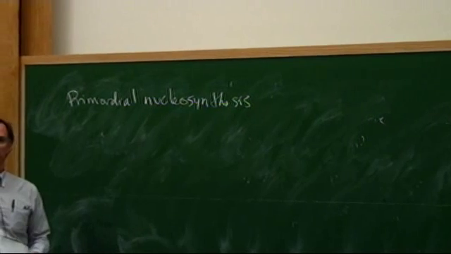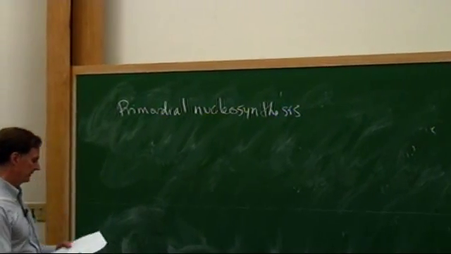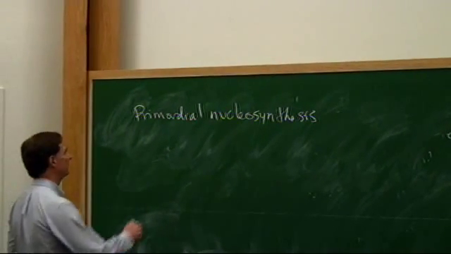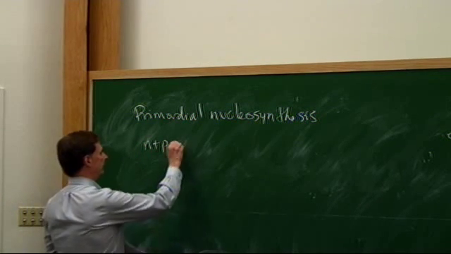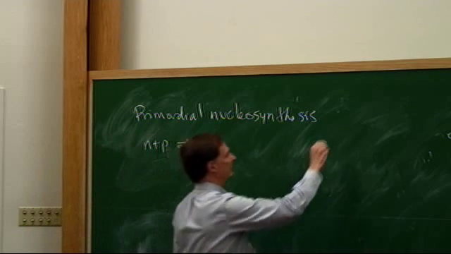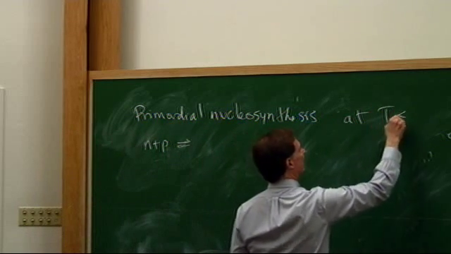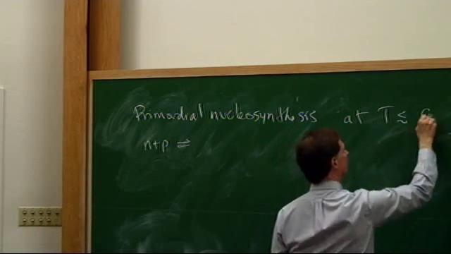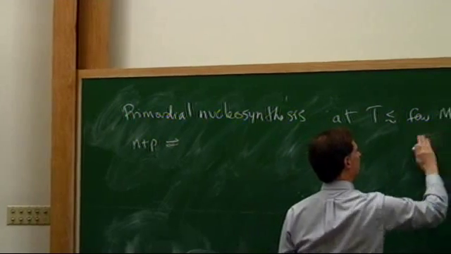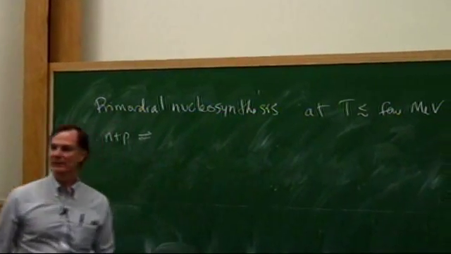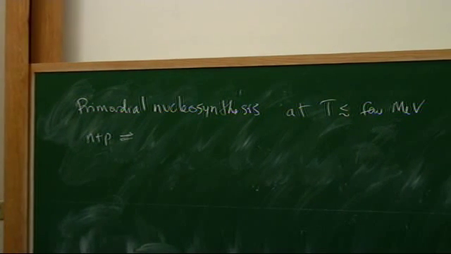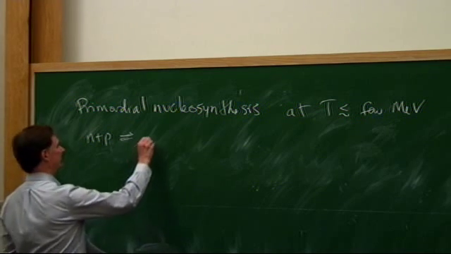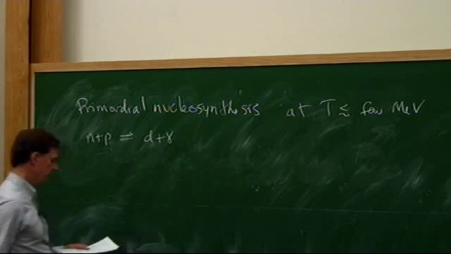Primordial nucleosynthesis is the production of the light elements through combinations of nucleons. So let's suppose this is at temperatures less than a few MeV, and actually you'll find the interesting thing, which you might not have expected, is that nucleosynthesis actually takes place at temperatures much less than a few MeV, and I'll explain why that's surprising in a moment.